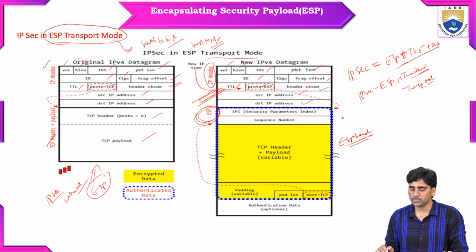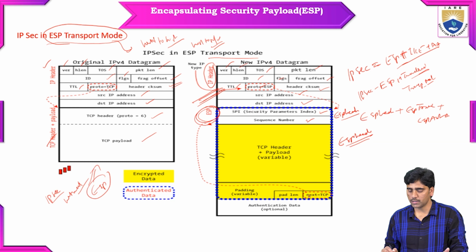So what fields does the ESP contain? It contains the ESP header, plus the ESP trailer, plus the ESP authentication data. The ESP header contains two fields: the security parameters index and the sequence number.